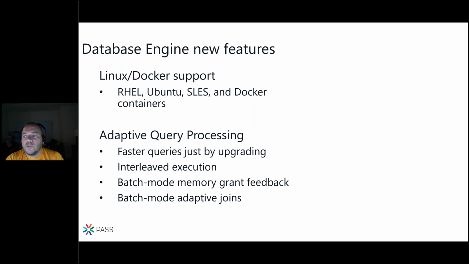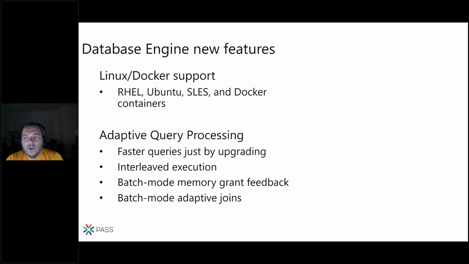We also introduced a new family of features. We call them adaptive query processing. It entails a few things, like faster queries just by upgrading. Essentially, this is the net benefit that you get by upgrading, let's say, from SQL Server 2016 to SQL Server 2017, because now the query optimizer is smarter in terms of detecting all kinds of different anomalies in the query execution plans.